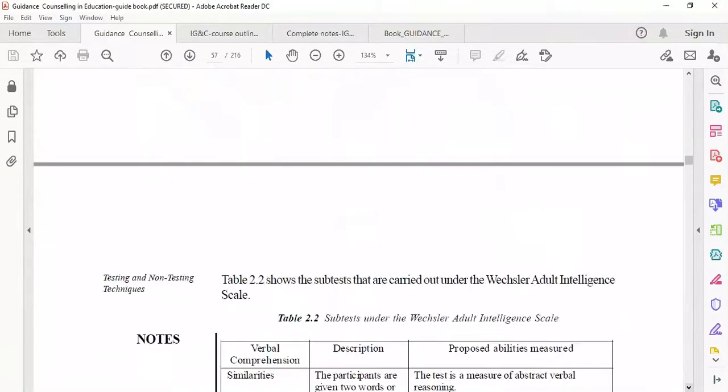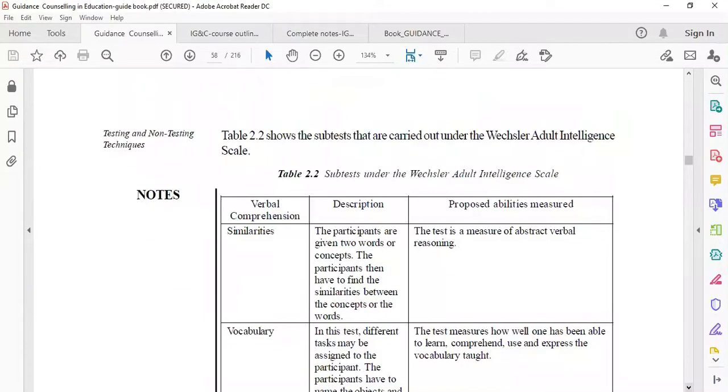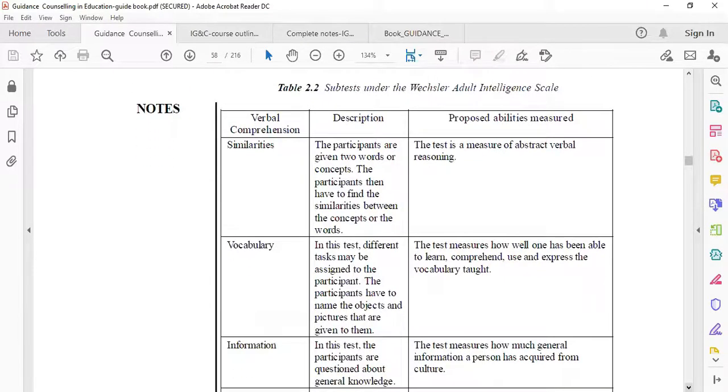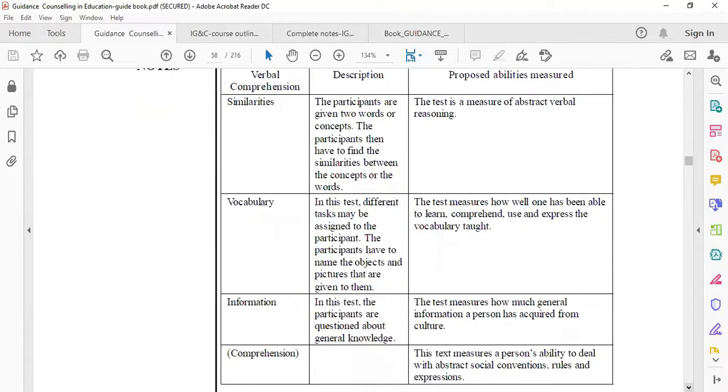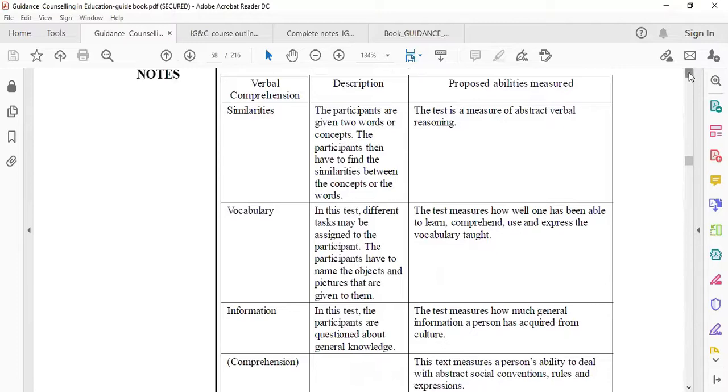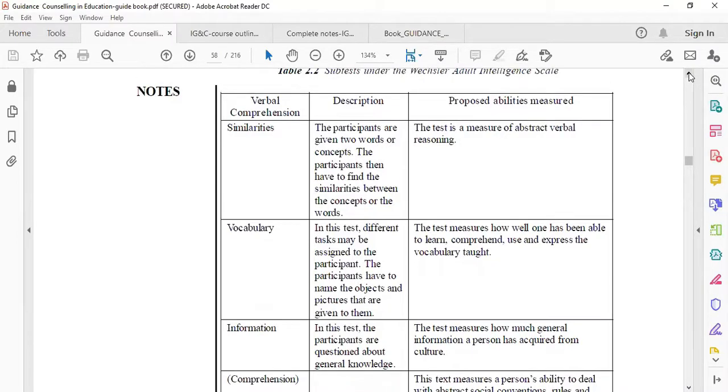Now, why am I telling you about different types of tests? Just for your information and to broaden your horizon of knowledge, that there exist a number of tests in the field of psychology, particularly in psychological testing.